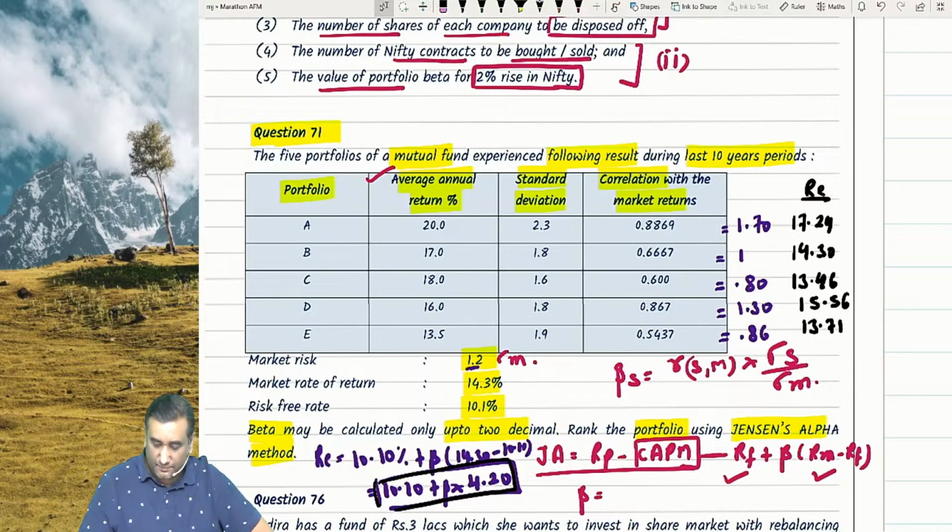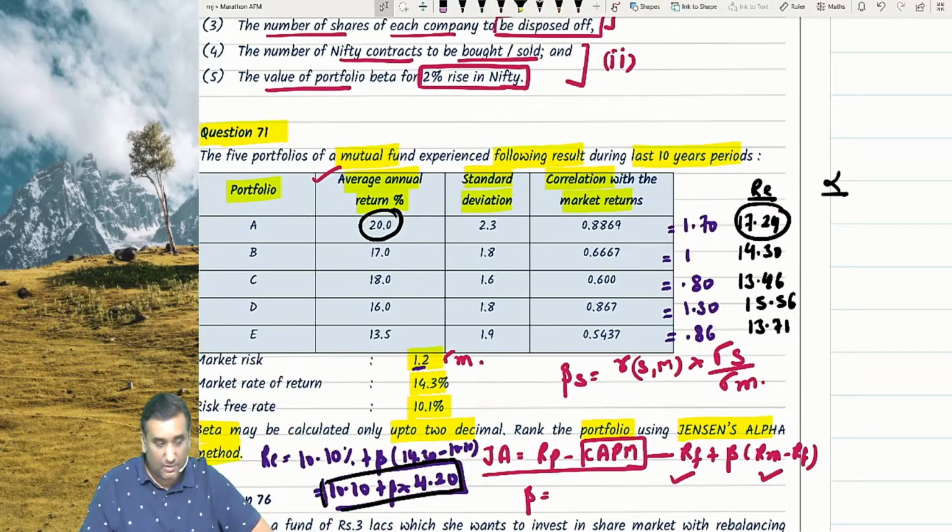RP minus RE, you can find alpha. RP minus RE, alpha. 20 minus 17.24 gives 2.76.